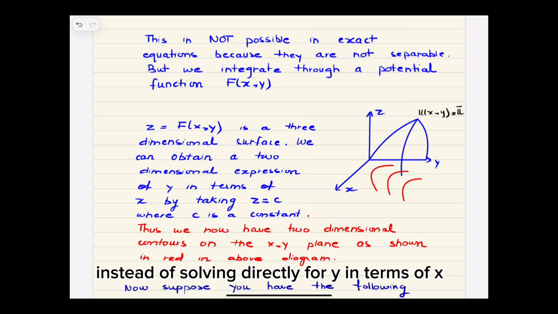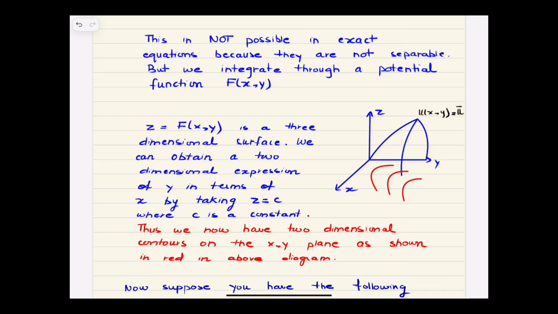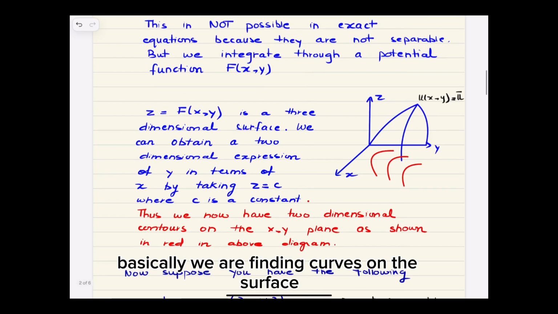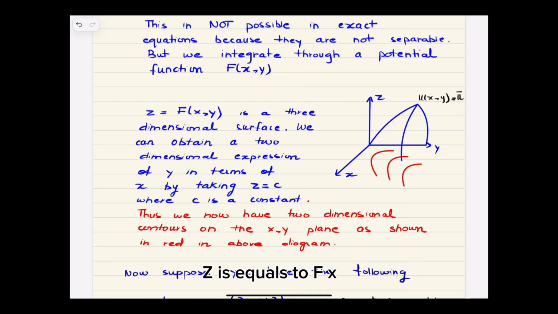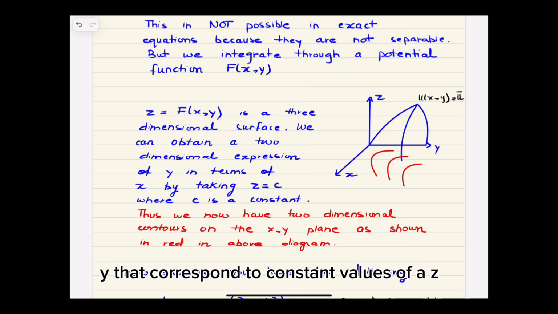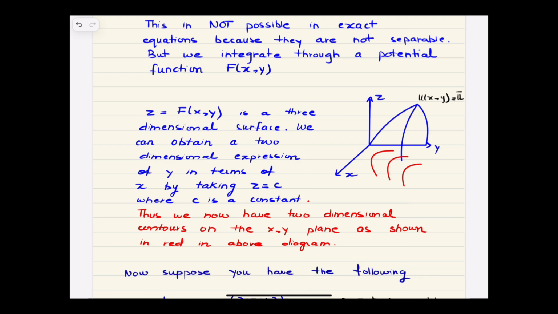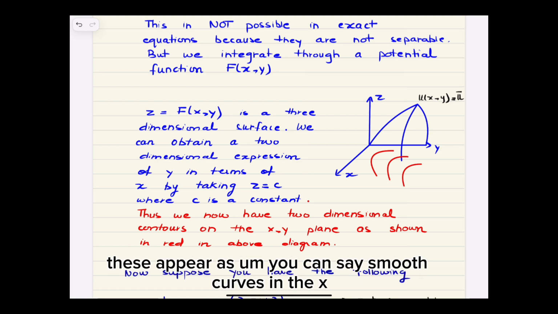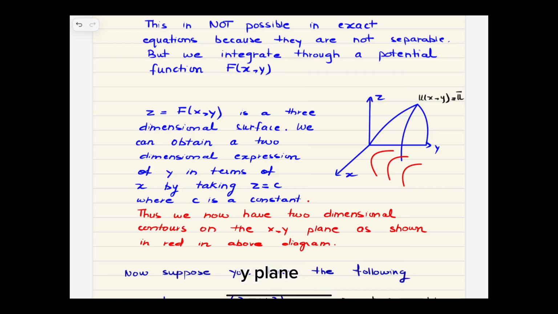So visually, instead of solving directly for y in terms of x, we are finding curves on the surface z equals f(x,y) that correspond to constant values of z. These appear as smooth curves in the xy plane.